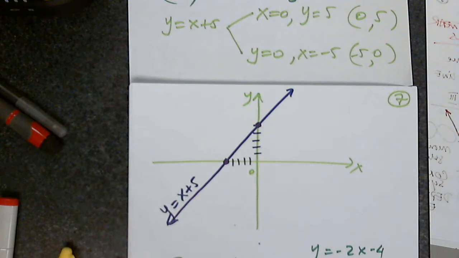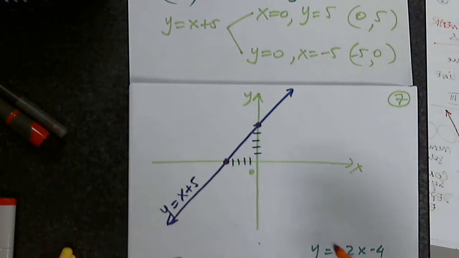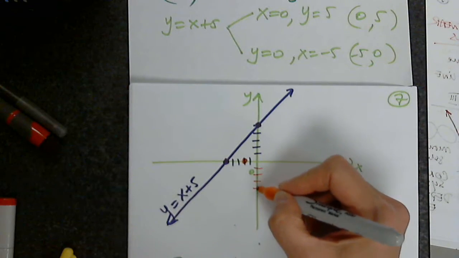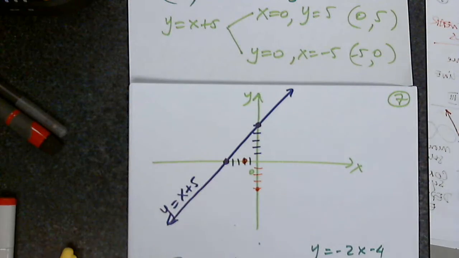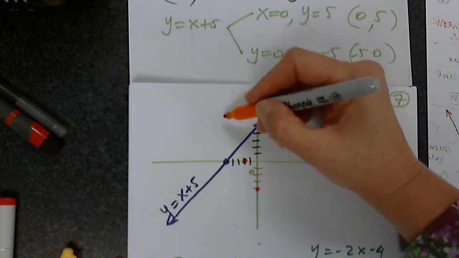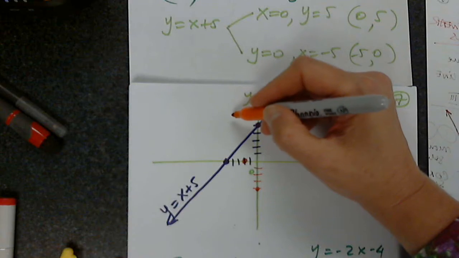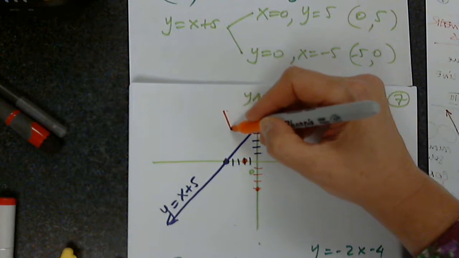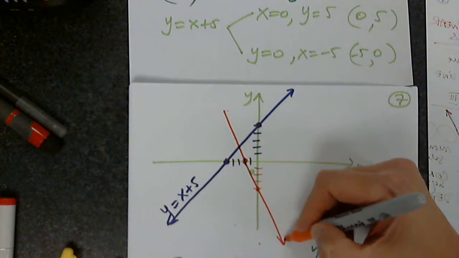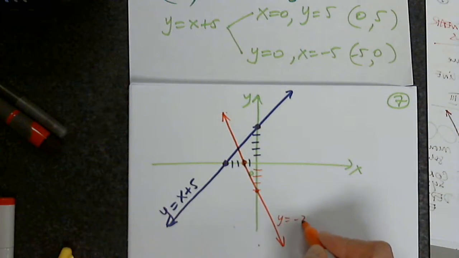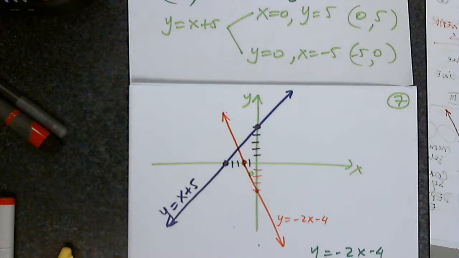Perfect. So negative 2 comma 0. So now I'm ready to plot the points. And I have negative 2, 0. And I have 0, negative 4. And I graphed y equals negative 2x minus 4.